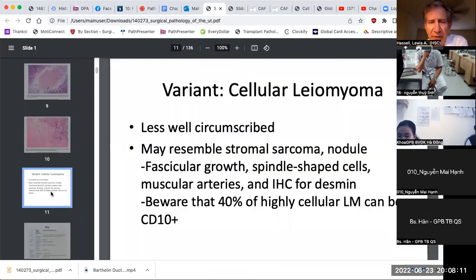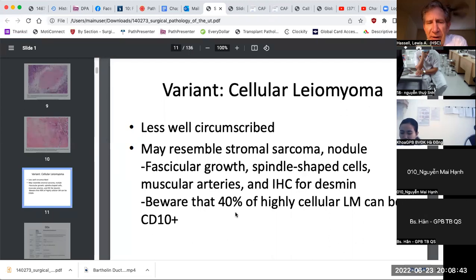So the features that we look for malignancy, one feature is a degree of cellularity, but there is also a cellular leiomyoma. So this feature alone does not describe malignancy. These are often not quite as well circumscribed. The cellularity may vary. And sometimes it can look a little bit like stromal sarcoma or stromal nodule.